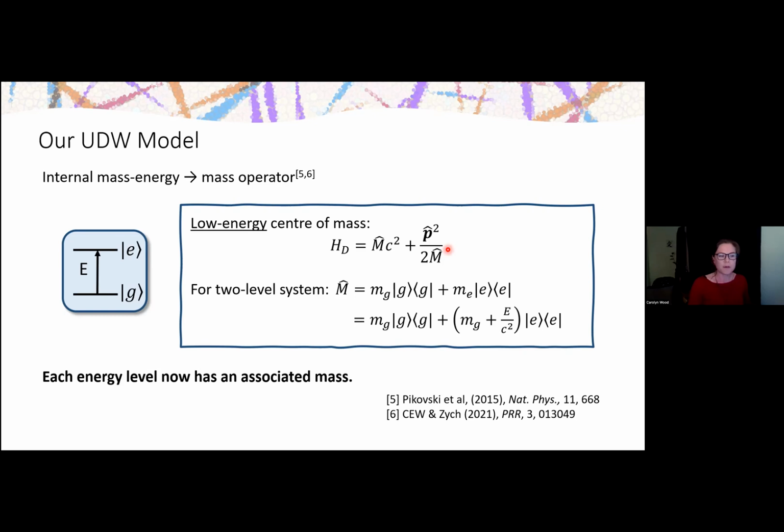And for our two-level system, M hat breaks down like this. So there's a mass associated with the ground state, M_G, and the excited state, M_E. And M_E and M_G differ by the energy gap in the detector. So E now plays the role of the energy gap, but also this gap between the masses.